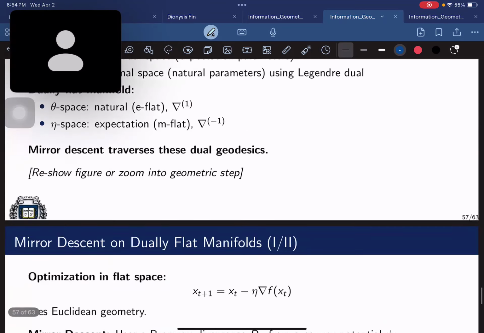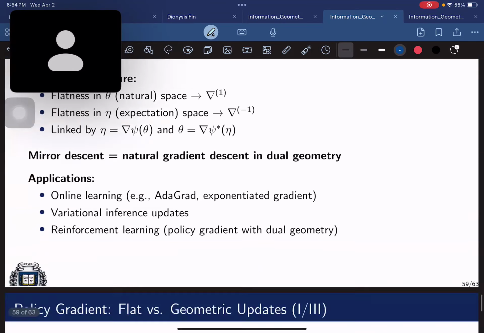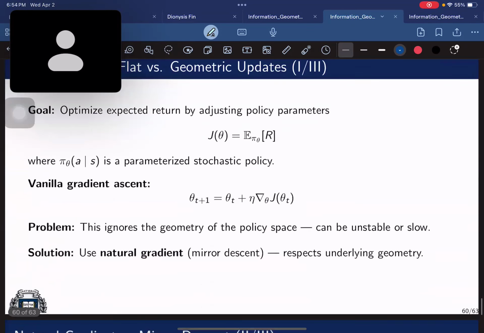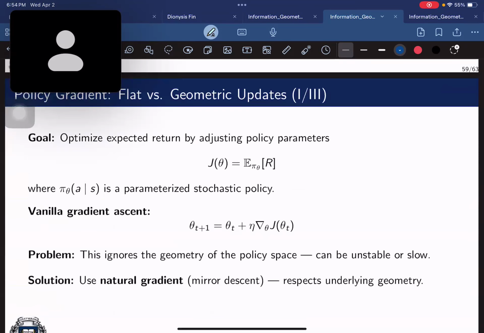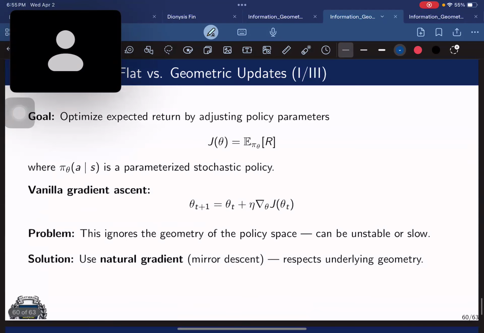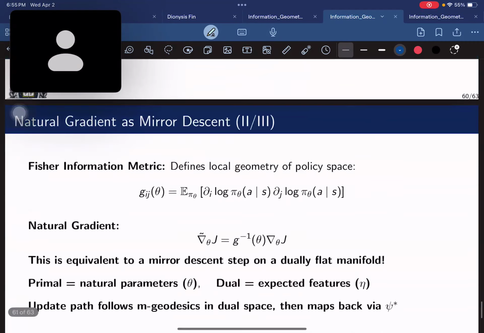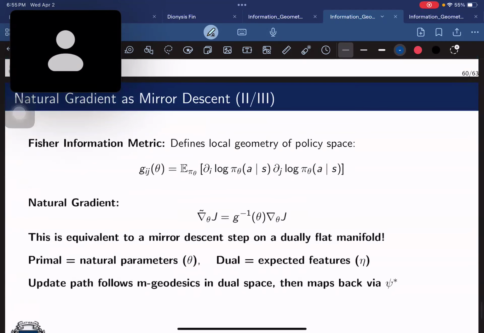And it also has very direct applications in reinforcement learning. If we are considering policy optimization algorithms, one vanilla gradient ascent is as follows. But consider mirror descent on this, which means considering the geodesic path.